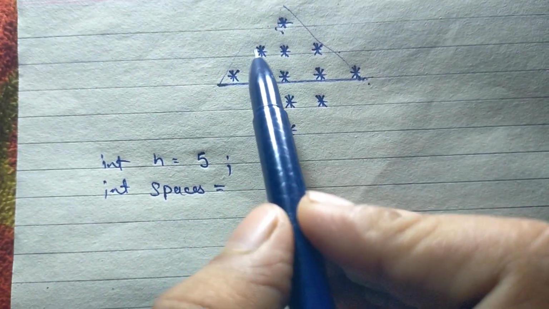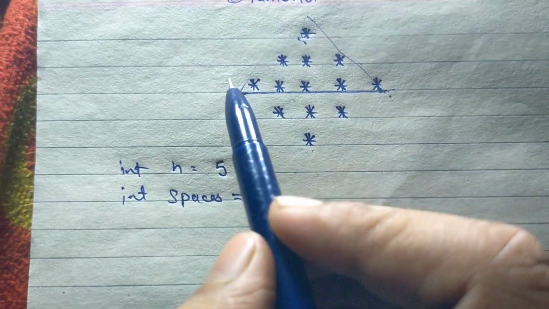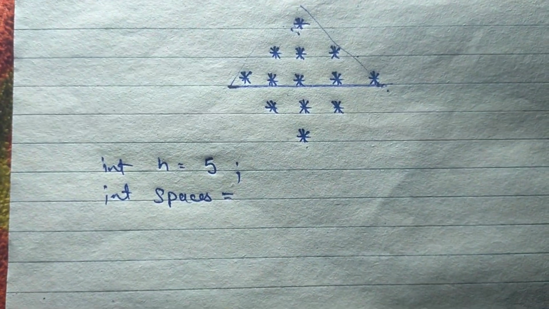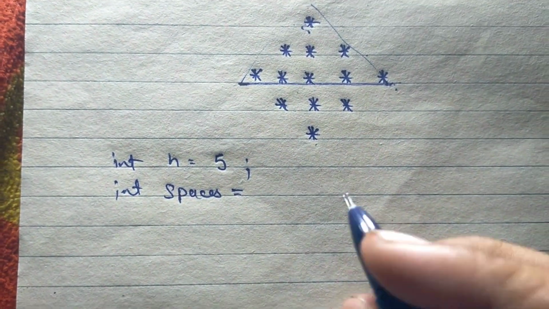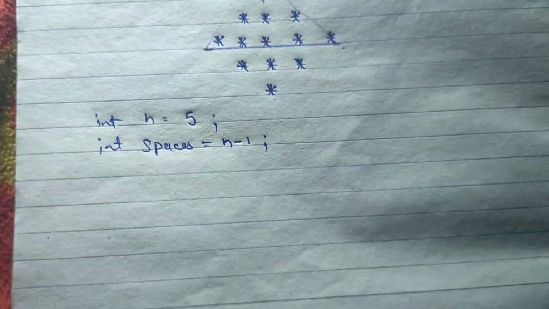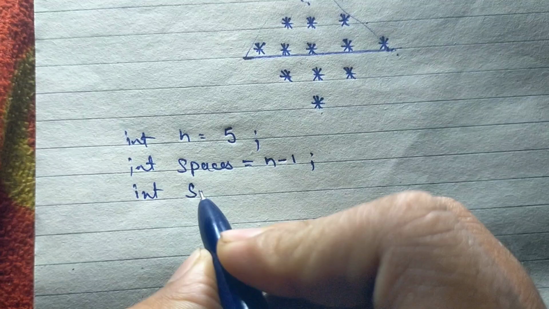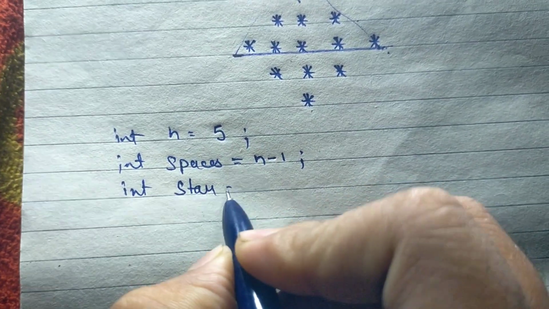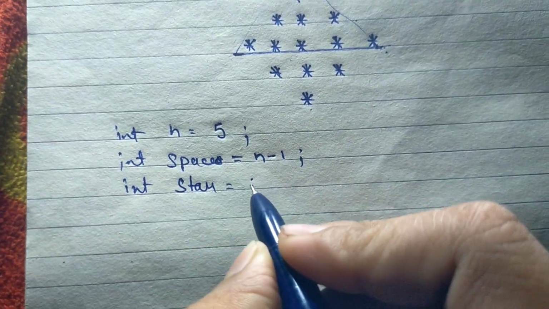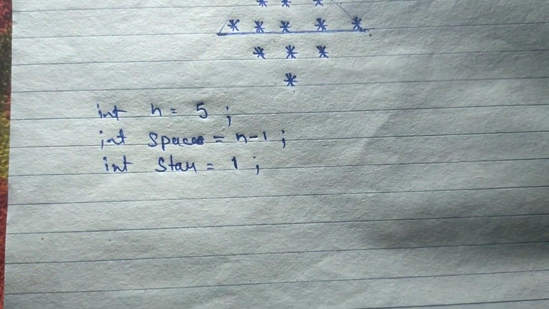If n is 5, then 5 minus 1 is 4, so there are 4 spaces, then 3 spaces, then 2 spaces. So spaces should be n minus 1. And initially I declare int star as 1. It is my initial value, which I declare at the topmost.